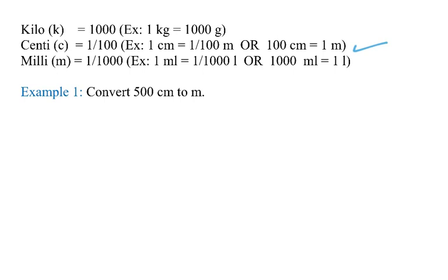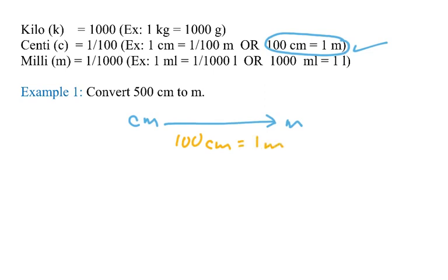We can go directly from centimeters to meters using the fact that, and again, I was thinking we might be happier with this expression that does not use fractions, 100 centimeters equals 1 meter.